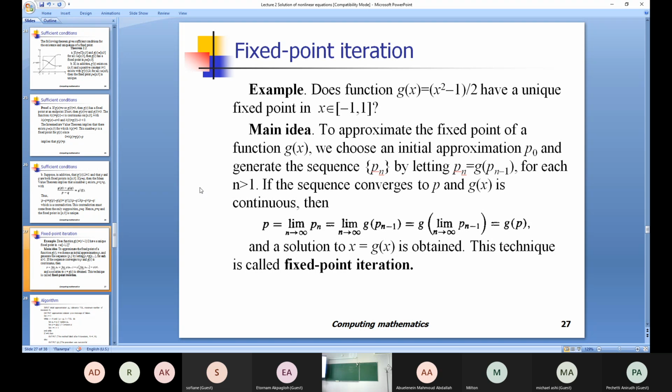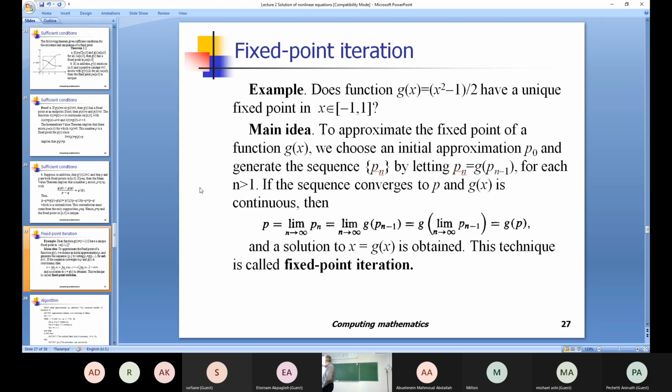What can you say about the function values when x changes from minus 1 to 1? The value of the function will also change from, no, not minus 1, but from minus 1 over 2 to 0.